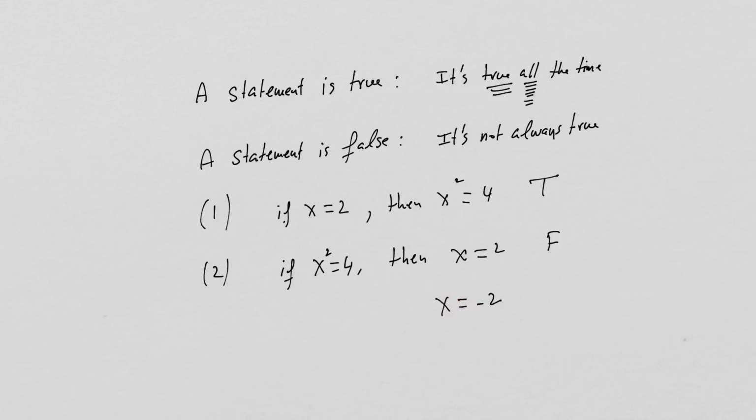I just told you x could be negative 2 sometimes, right? So if x squared equals 4, then x is either 2 or negative 2. That would be a true statement. But if somebody just says x equals 2, that's a false statement. False doesn't mean always false. It just means it is unreliable. It is not always true, okay?